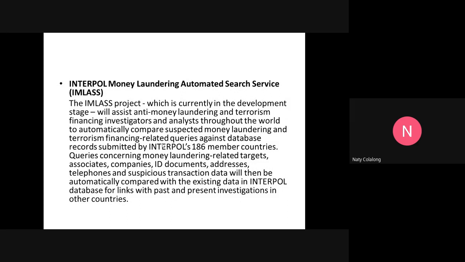Queries concerning money laundering related targets, associates, companies, ID documents, addresses, telephones, and suspicious transaction data will then be automatically compared with the existing data in Interpol database for links with past and present investigations in other countries.